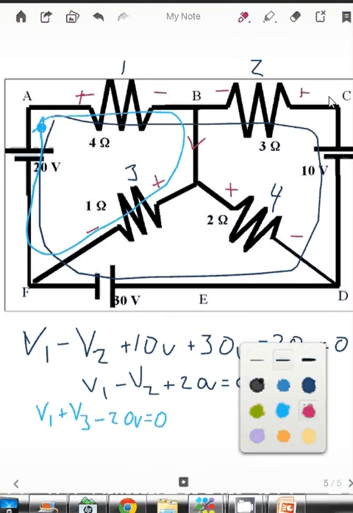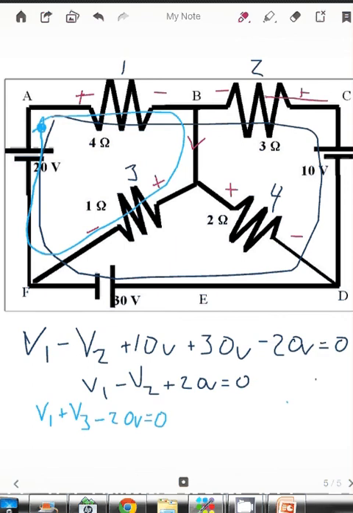Now I'm going to go this way. Plus V2 plus V4 minus 10 volts equals 0.